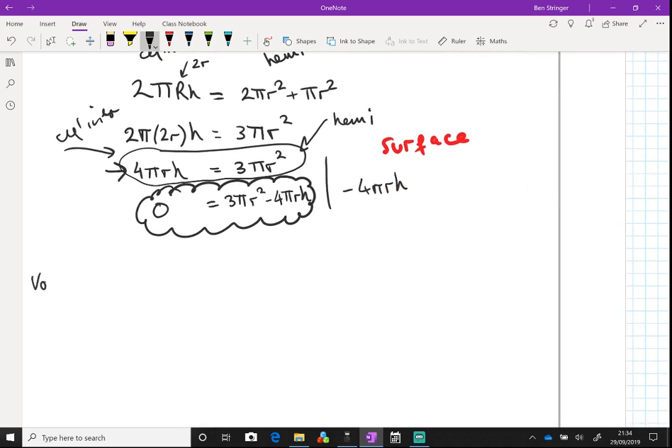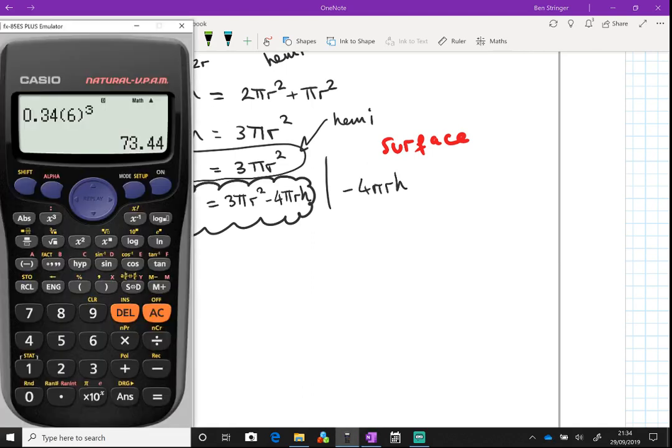sphere is 4 over 3 pi r cubed. So of a hemisphere, it's going to be half of that. You can just think about doing 4/3 divided by 2.